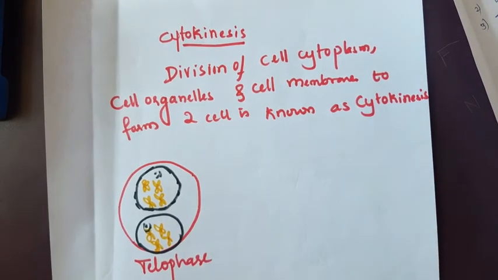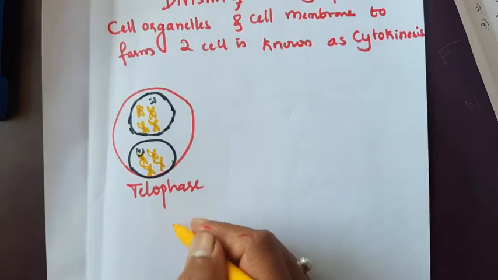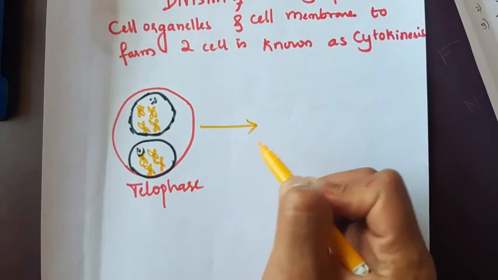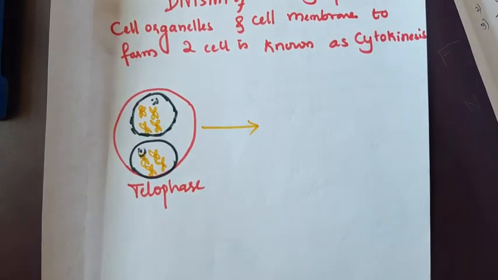These are the chromosomes. This is in case of telophase, that is the end of karyokinesis. At the end of karyokinesis, in telophase, this formation had happened.